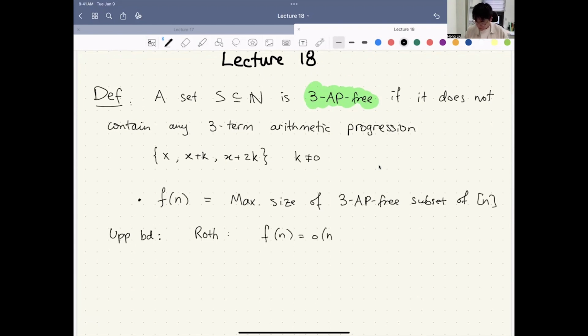little o of n, sublinear. And later, Ruzsa-Szemerédi gave another proof, using the triangle removal lemma.